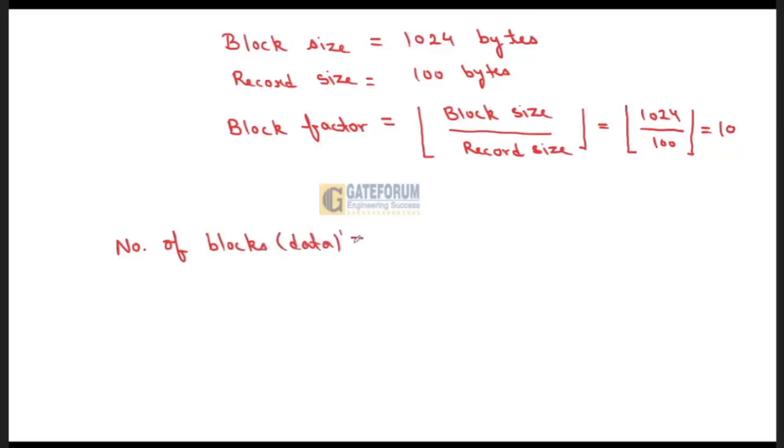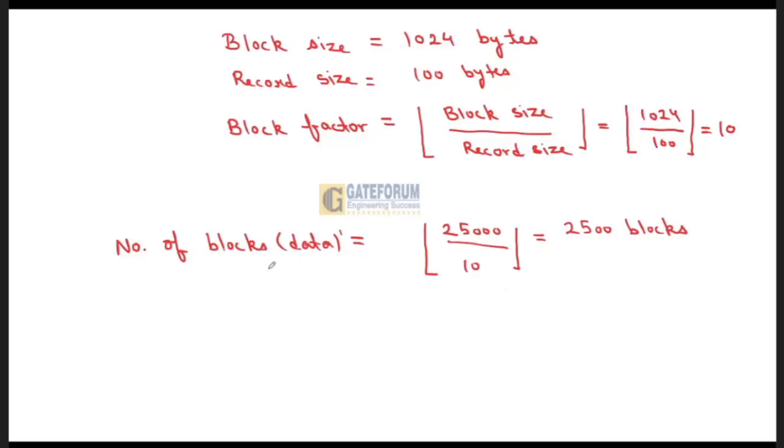How many blocks will be required? In one block 10 records can come, right? And how many total records are there? 25,000 divided by 10. So how many blocks will be required? Total 2500 blocks will be required, right?